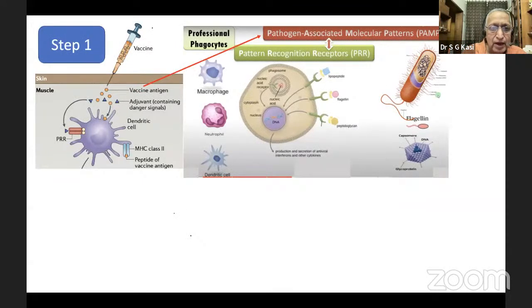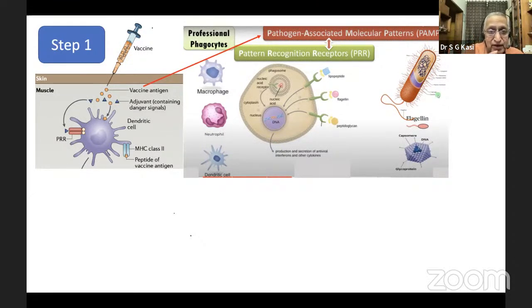Now, when a vaccine is administered, here we are talking about an intramuscular vaccine. The vaccine antigen has pathogen-associated molecular patterns which are recognized by the pattern recognition receptors. This was true for the older, unmodified, killed vaccines or live attenuated vaccines.